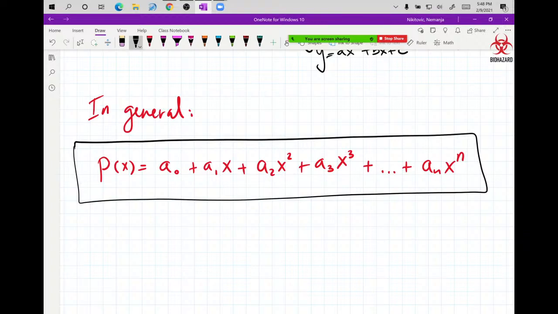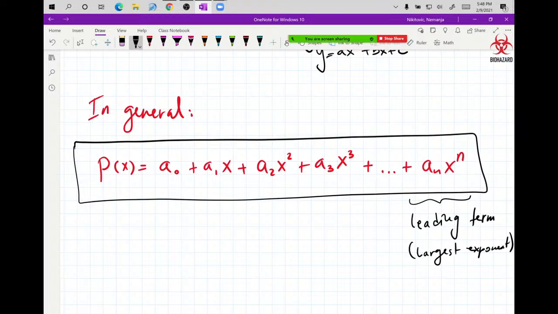Now, even though this guy is listed last, it's called the leading term, because that's the one with the largest exponent. And if that has the largest exponent, we know that's the leading term, and we know that its coefficient an is the leading coefficient.